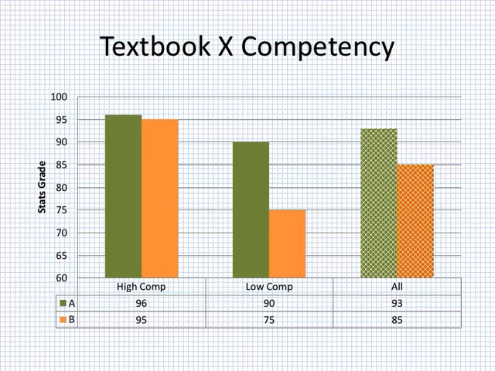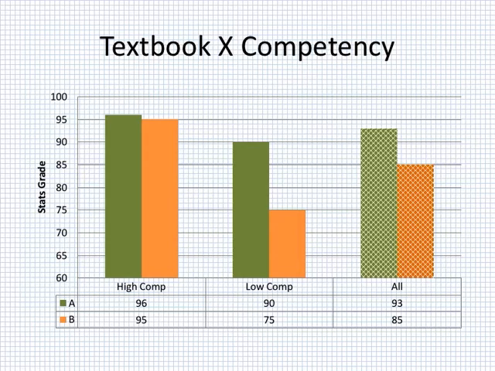Based on these two, we would separate it by the more advanced students and the newer, beginning students. For the more advanced students, those that use textbook A would have a 96. Those that use textbook B have a 95. Let's assume that's not significant. So what we would say is that, despite an overall main effect, it depends on the level of competency of students, how many stats courses they've taken in the past.